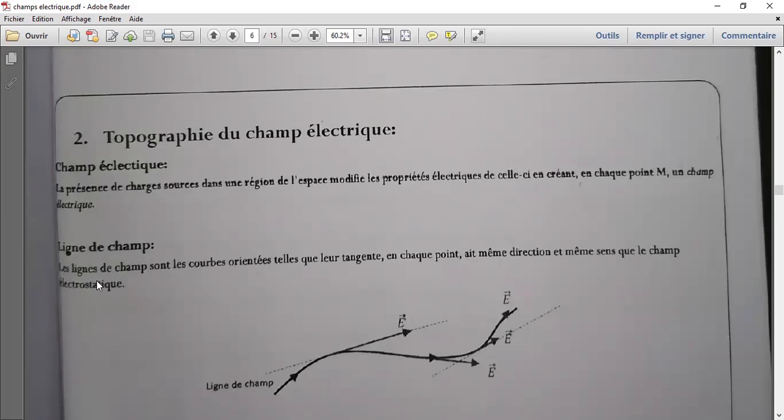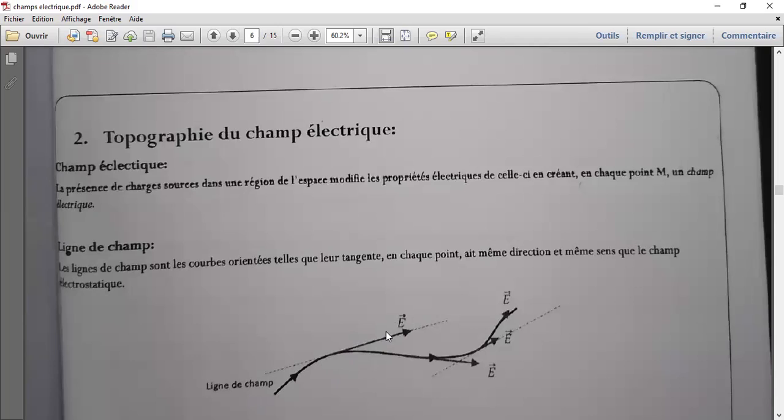So you have to know that when you talk about ligne de champ, they are a sort of curves which are oriented in such a way that their tangent, if you see these curves, where you can draw a tangent, that tangent will be in the same direction as the champ électrostatique.